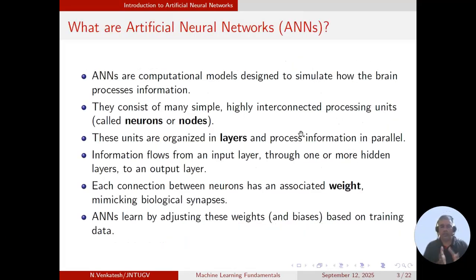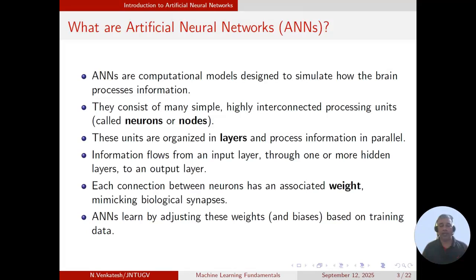So this artificial neural network contains simple, highly interconnected processing units. We call them neurons or nodes, and these neurons or nodes are organized in layers so that the information can be processed in parallel, and the information flows from the input layer through one or more hidden layers to an output layer.